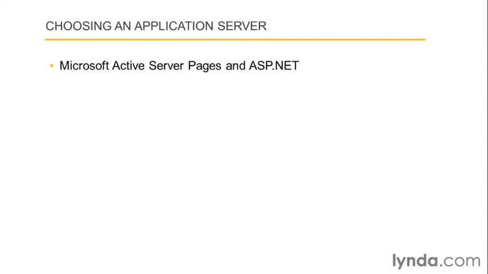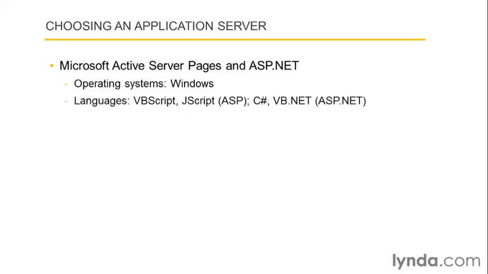When choosing an application server, if you already know you'll be working on the Windows platform, you can look at either Active Server Pages, or ASP, or the more recent ASP.NET. These products only work on the Windows platform, although particularly with ASP.NET, there is a distribution that's built by a third party called Mono that works on Linux.